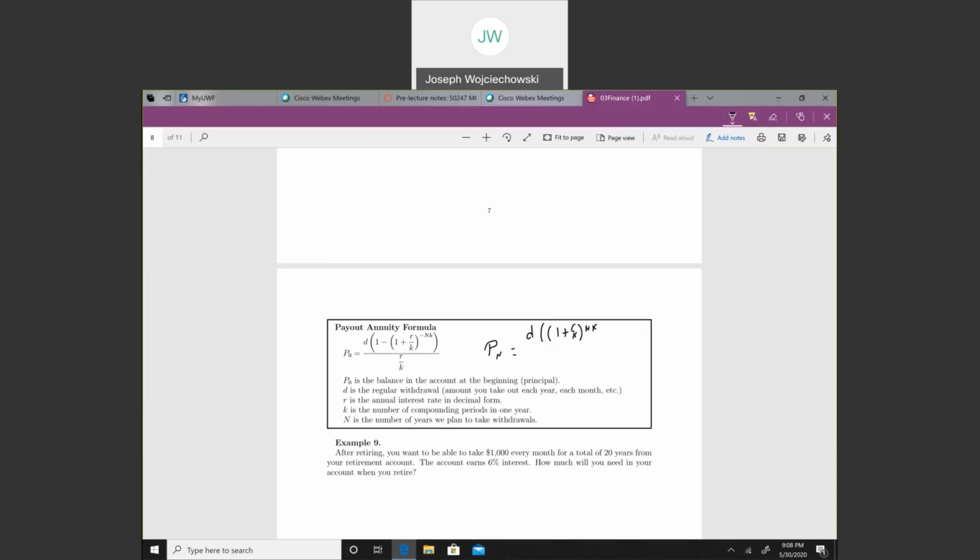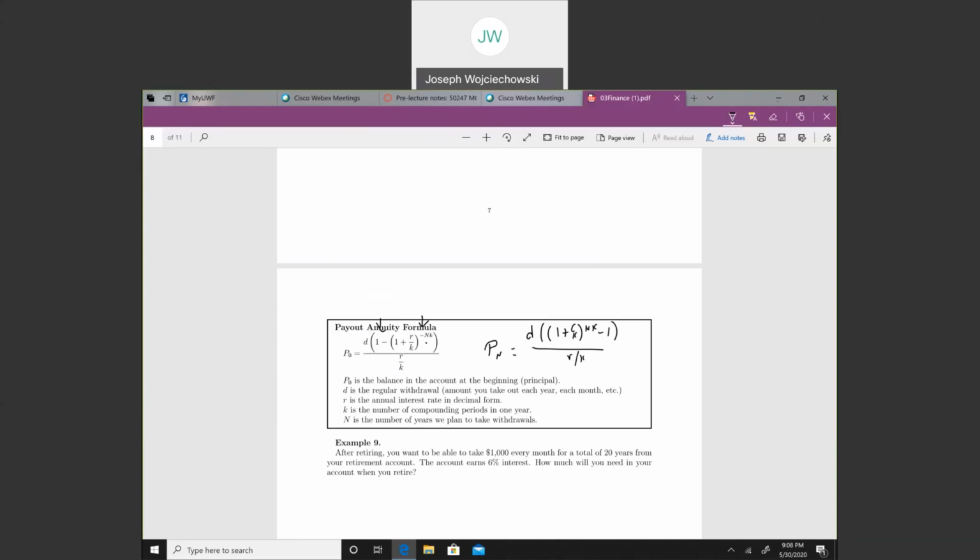And it was minus 1 instead of 1 minus. And this is the same. So the main differences are you have this negative here, and this is moved from minus 1 to 1 minus. So putting money in, they're positive. Taking money out, they're negative.